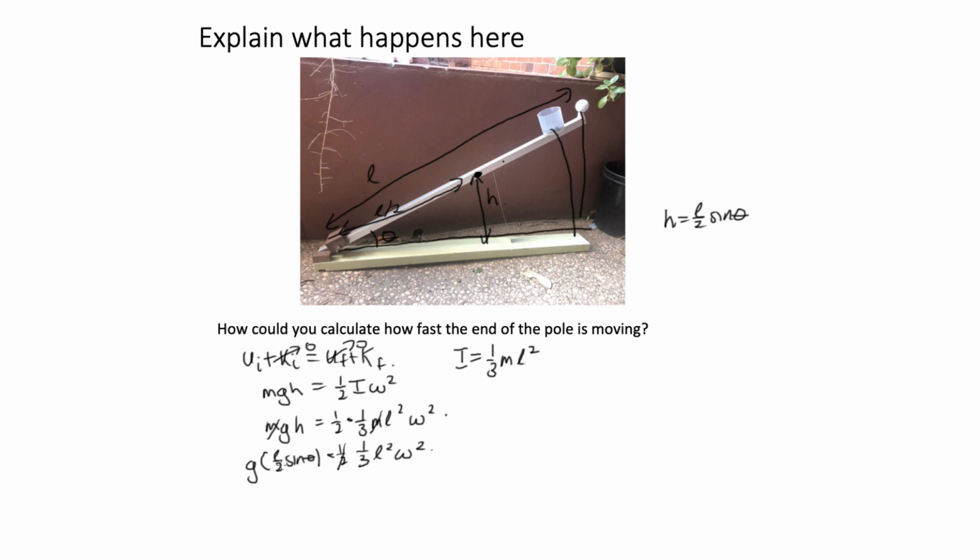So the halves will cancel out, and we can now use V is equal to omega r, and in this case the radius is L because we're considering a point on the end of the rod here, so this is equal to L. So we can write g L sine theta is equal to L squared on 3 times omega squared, which is V squared over L squared.